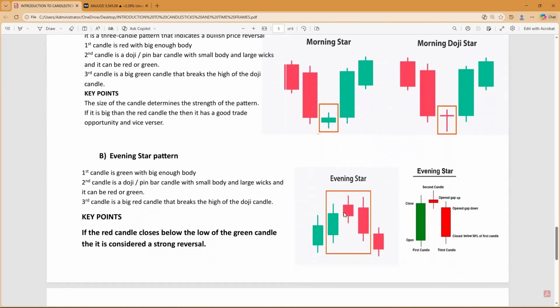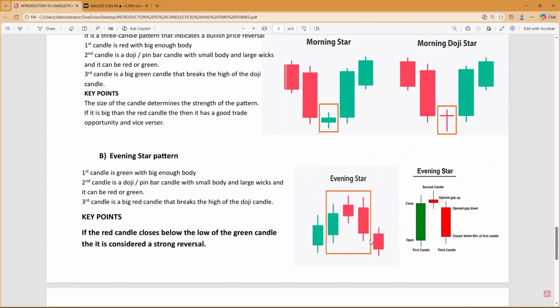Okay? We have an evening star pattern. It's just the opposite of the morning star. So we have a green candle with a good, big enough body. And we have a red candle which has a small body, as you can see here. Okay. And then the red candle comes in and engulfs the whole of these three.